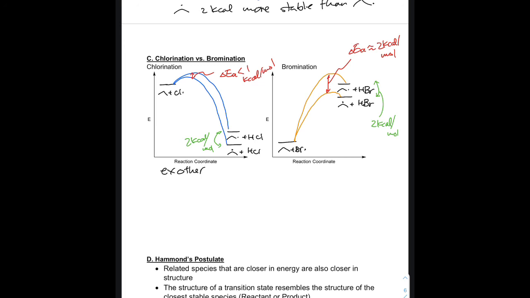So chlorination was exothermic, bromination was endothermic. And remember Hammond's postulate, which I wrote here as a reminder. The transition state is closer to the reactants, so it kind of looks like this.